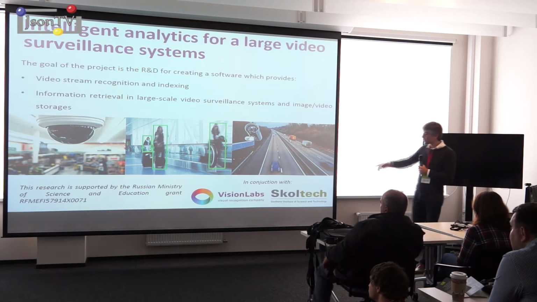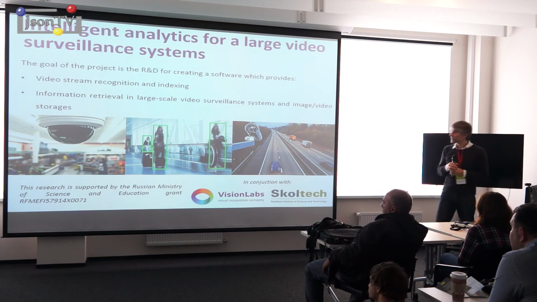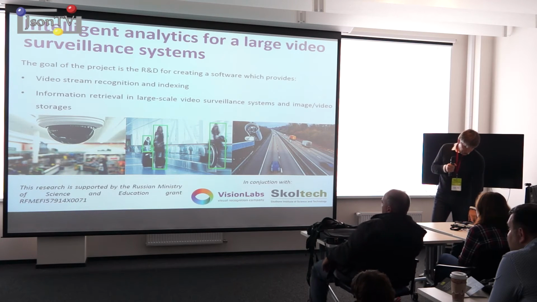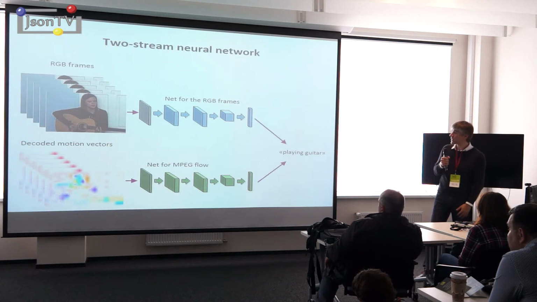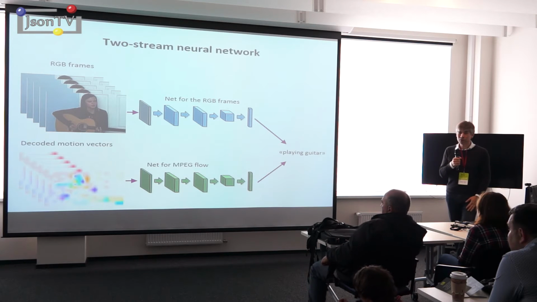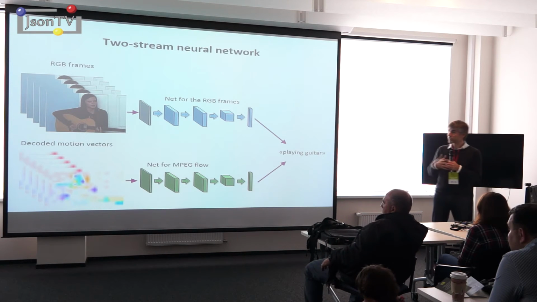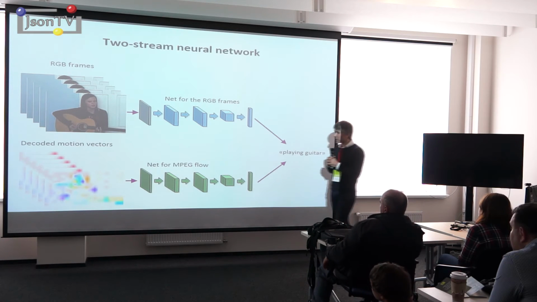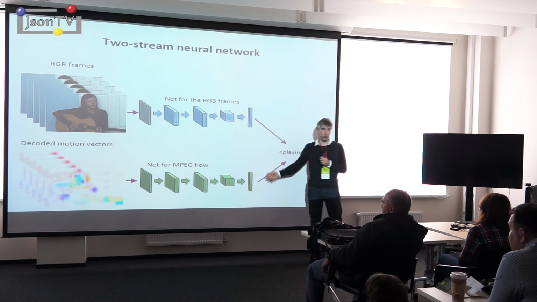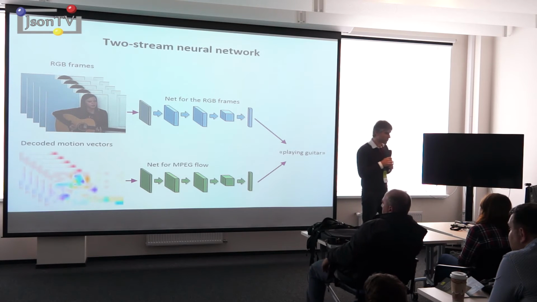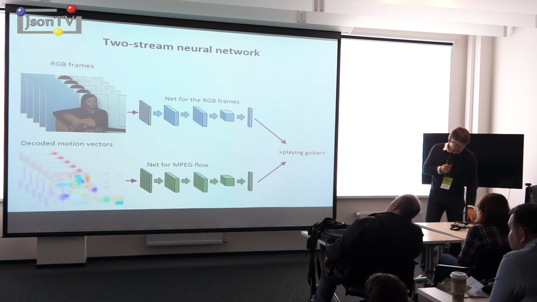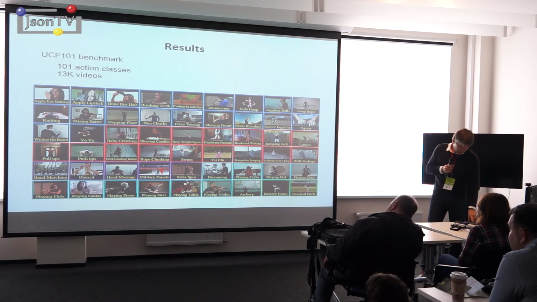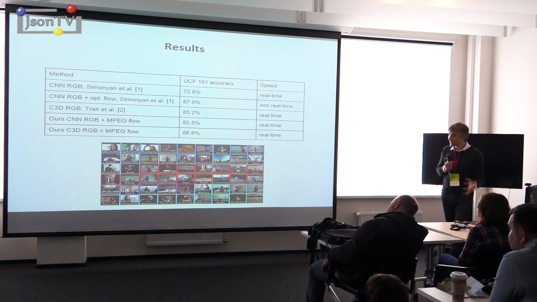VisionLabs and Skolkovo have a joint project which also does neural networks, but in this case the neural network is for video. Video can be processed as pixels, but it turns out it's good to also process the video by taking the motion vectors as input. It produces better results. We have methods which do well on some benchmarks.